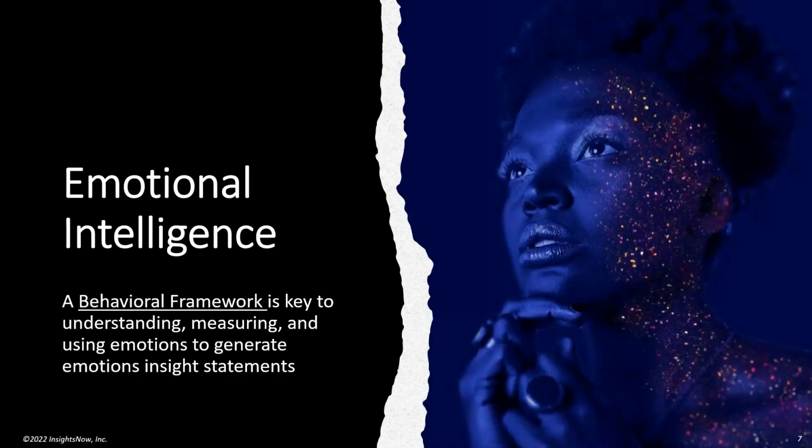All right, so emotional intelligence. One of the things that's fundamental that people often forget about is that you've got to have some sort of a standard. You have to have some type of framework in order to understand emotions. And at Insights Now, this means it needs to be a behavioral framework, because I don't want to elicit emotions or have an emotional experience with an innovation if it's not going to impact the behavior that a person has, if it's not going to improve frequency of use, if it's not going to improve maybe word of mouth communication, if it's not going to improve maybe how they live their life or the value they get out of their life.